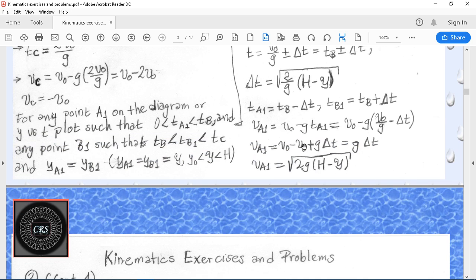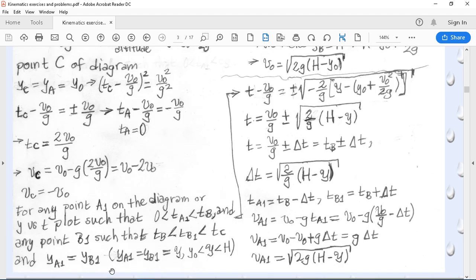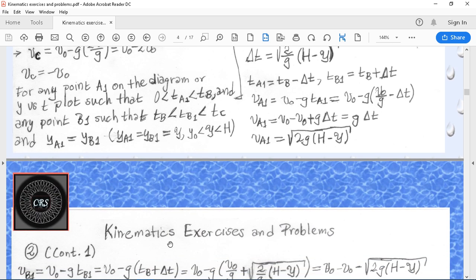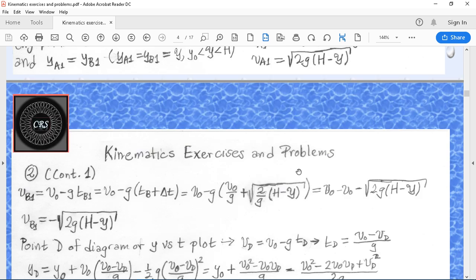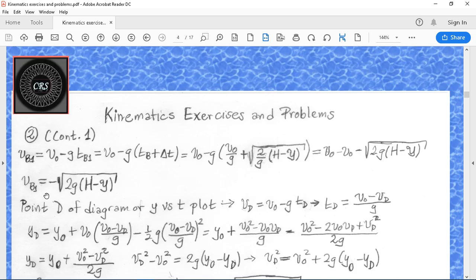So, for any 2 points with altitudes between the initial altitude y0 and the maximum, which is h, if they are equally apart in time from the time at which the ball reaches the maximum height, they will have equal speeds, only that one will be moving upwards and the other one will be moving downwards.